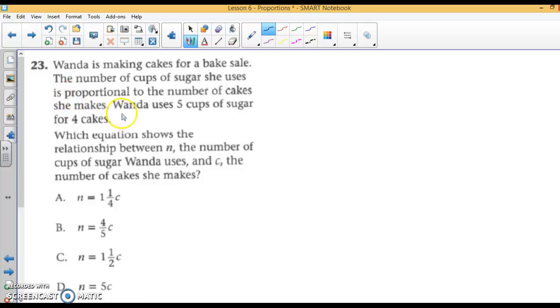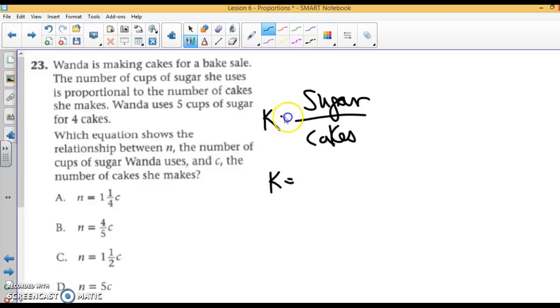The number of cups of sugar is proportional to the cakes. They told us that that's proportional. So that's K. So K is how many cups of sugar? 5 cups of sugar for every 4 cakes. I wrote that wrong at first.